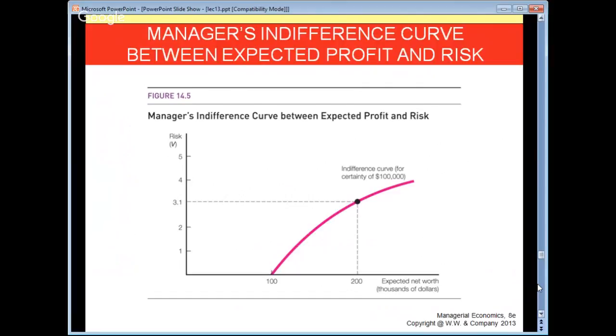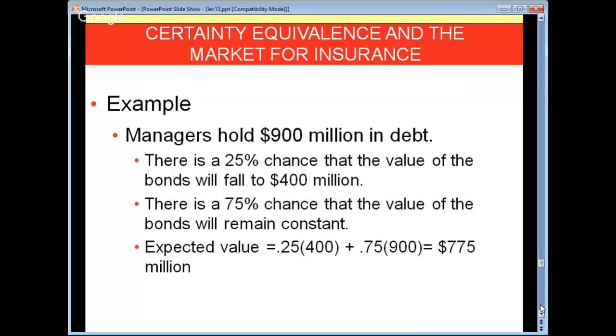I'm sorry, the coefficient is 3.1 at 200,000 and 0 at 100,000. So if I expect 200,000, I'm willing to take risk as measured by the coefficient of 3.1. Okay. Here's a mathematical example.